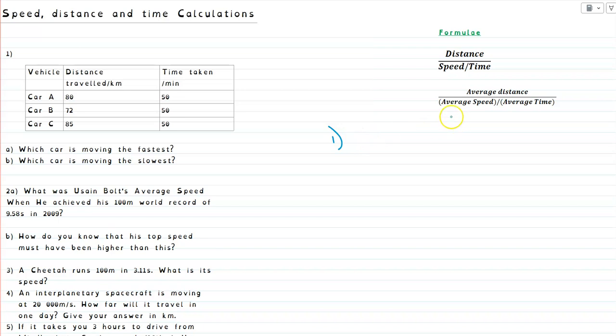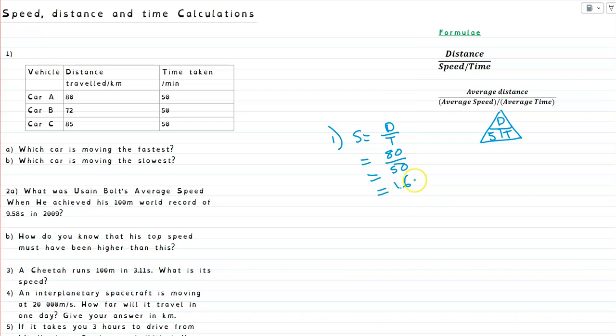Okay, so we write out our formula, which is, oh, wait, I need a bigger triangle. Distance, speed, and time. So our first equation is speed equals distance over time, which is equal to 80 over 50, which is equal to 1.6.